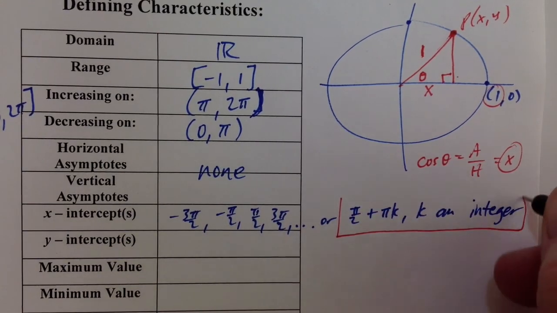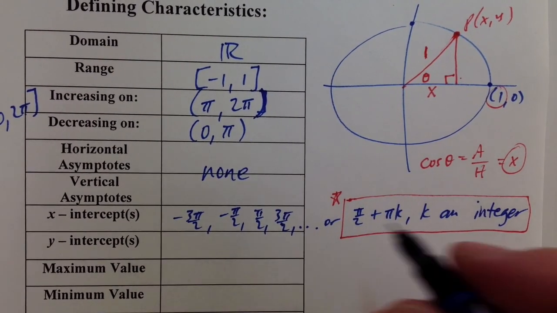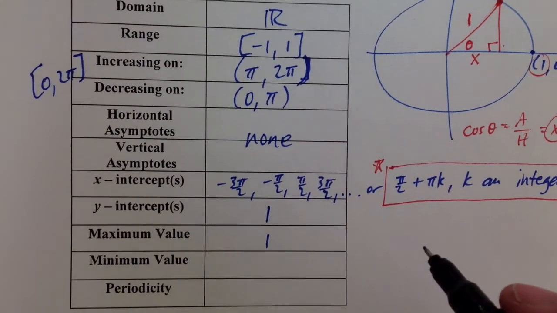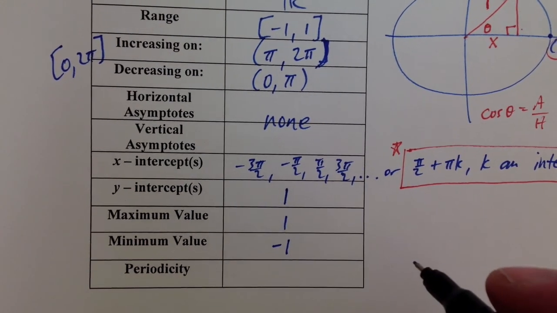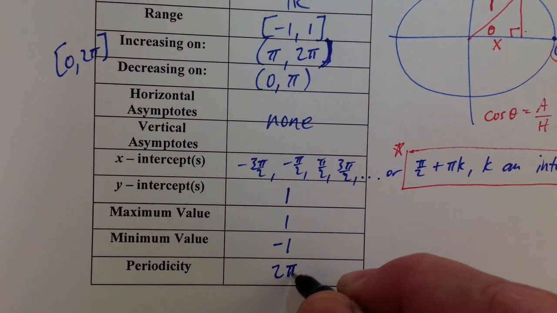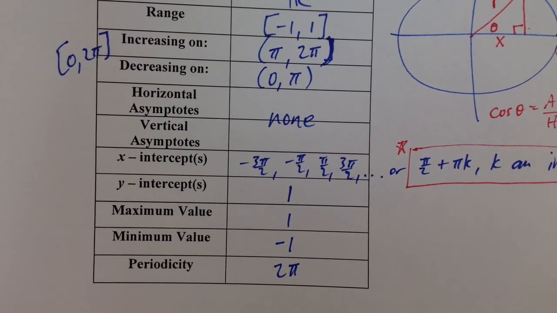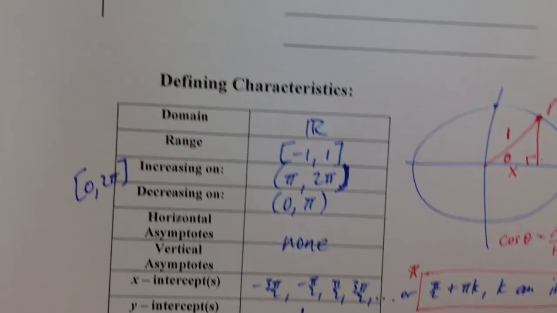This is the pro way of writing that. And then the y-intercept we can see is 1. The max is the highest value of the range, and the minimum value is the lowest value of the range. And just like the sine function, the cosine function is periodic. Every 2 pi radians, the cosine graph will repeat itself. So there you go.